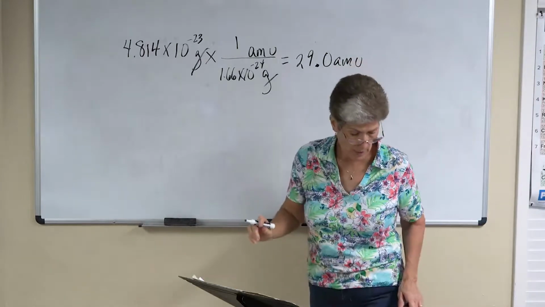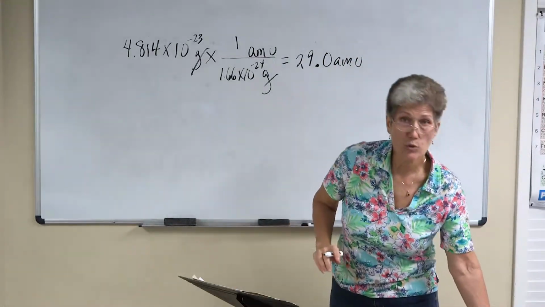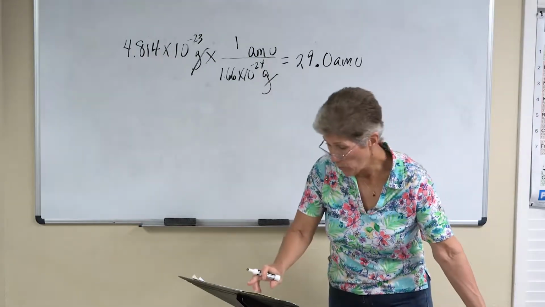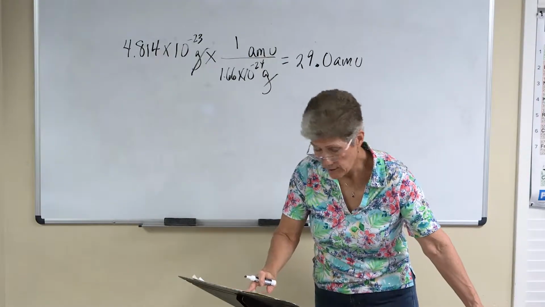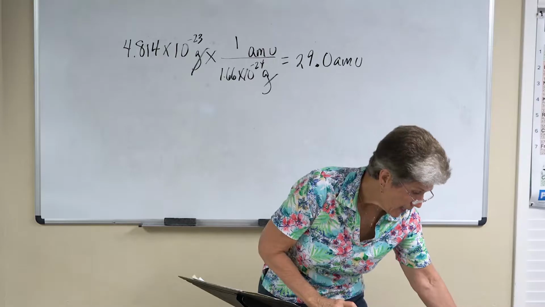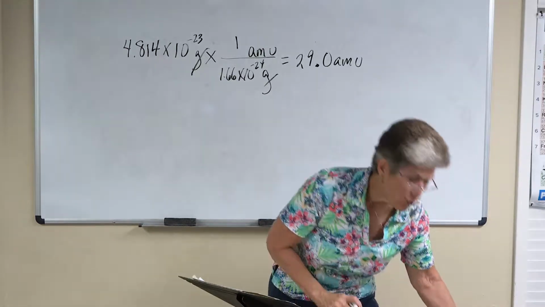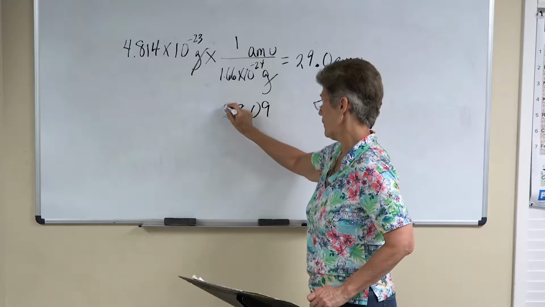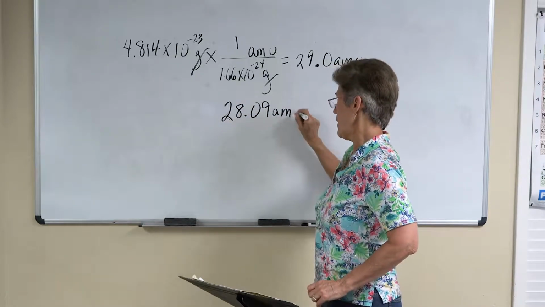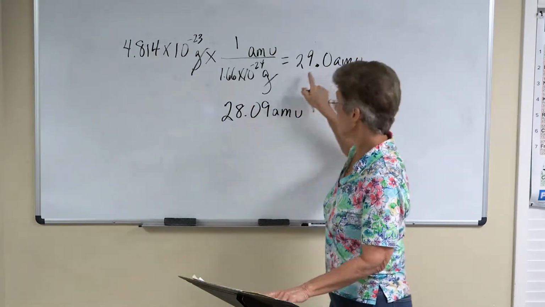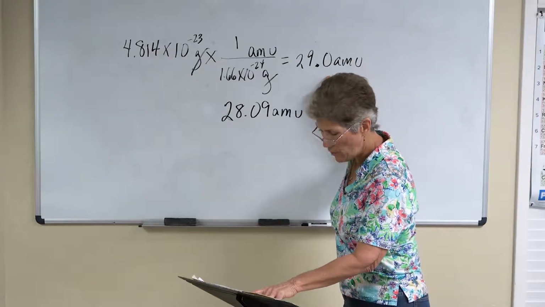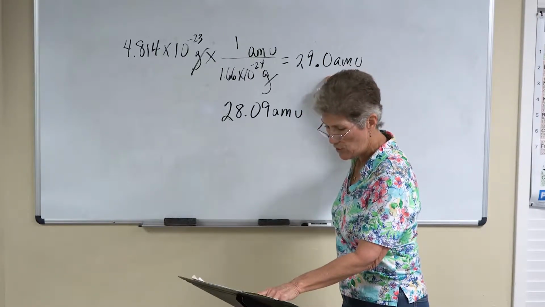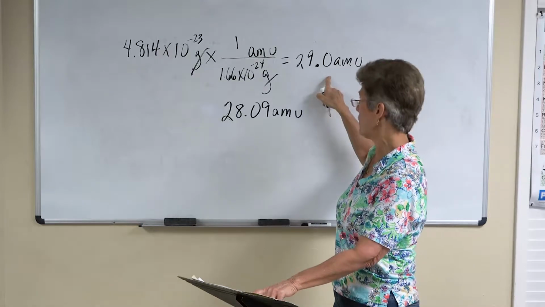AMUs. And then you look at your periodic chart, and we're looking at silicon, which is Si, and on your periodic chart it has 28.09 AMUs. So this is the answer to the first half of the question. The second half of the question is, is this the most abundant isotope of silicon?